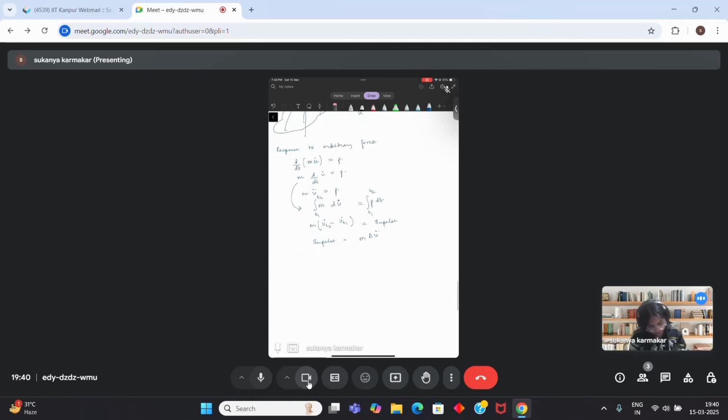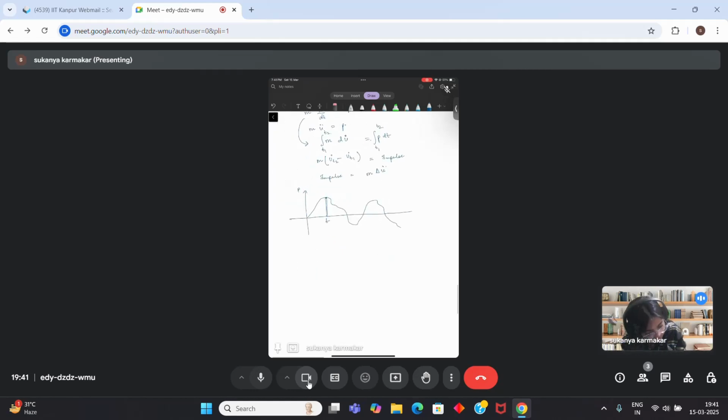Now suppose you have a force acting on the body, and the force is like this. It is arbitrary. What we are doing here is, let's say we consider at a time t, the value of force is a certain number, let's say this is equal to pi.